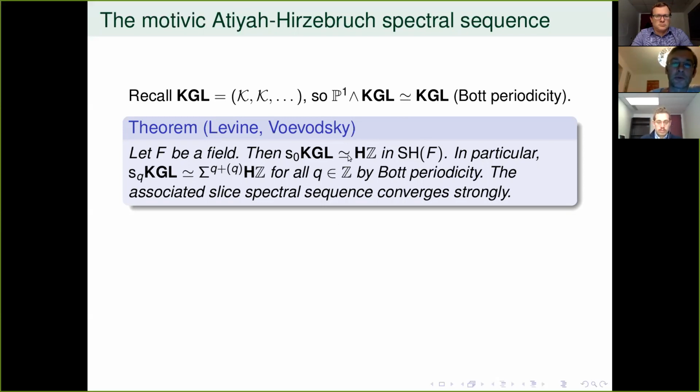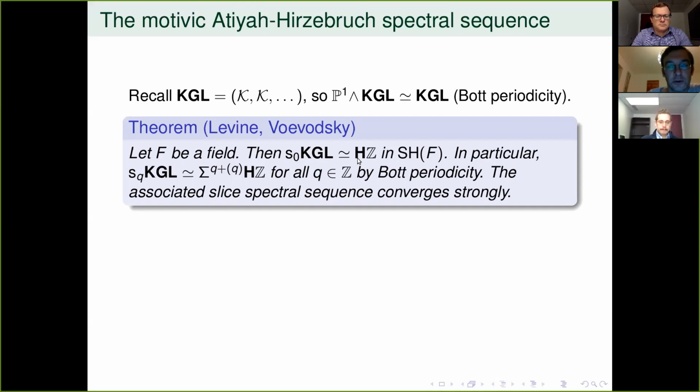I'll try to prove it without using the homotopy coniveau tower. So the statement is the zero slice of algebraic K-theory, KGL over a field, is motivic homology.